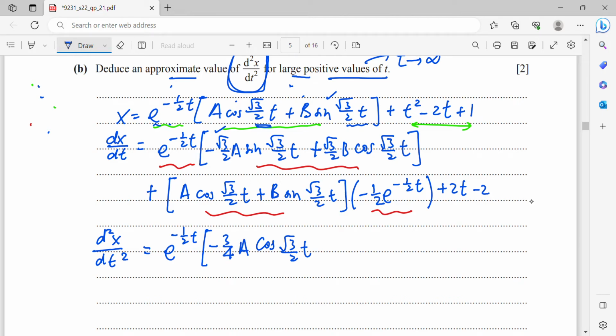Now for the next one, differentiate cos, it will be negative sine. So I write negative sine of root 3 over 2 t, and the root 3 over 2 combined with the root 3 over 2 b becomes 3 over 4 b. Okay, and then plus, just now I kept the e and differentiated the bracket. Now I copy the bracket and differentiate the e.